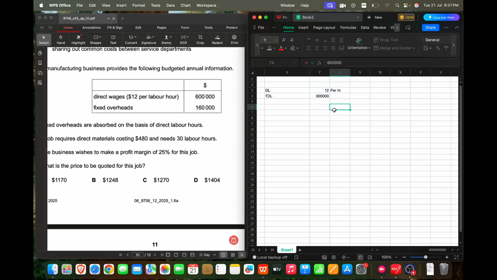Question is how many labor hours are there? If we are paying $12 for 1 hour and the total amount we paid is 600,000, that means total labor hours is 600,000 divided by 12, and we have 50,000 labor hours.